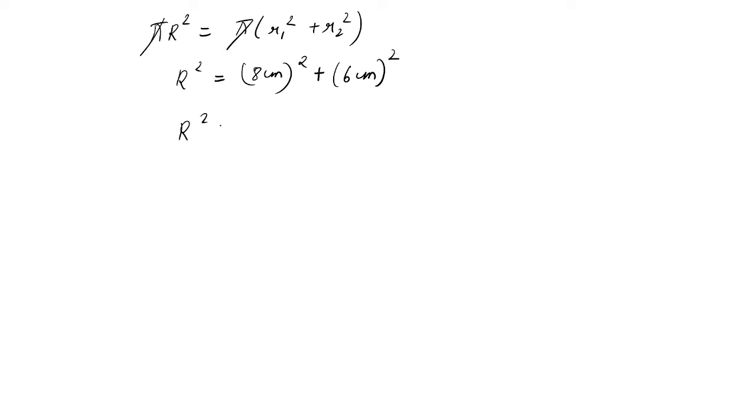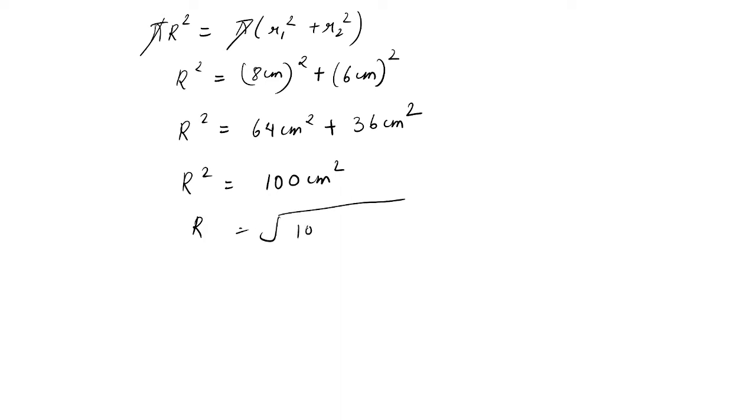So R square can be written as 8 centimeter the whole thing square is 64 centimeter square, and 6 centimeter the whole thing square is 36 centimeter square. So this will give you 100 centimeter square. Now we have to find out R, so you take the square root of 100 centimeter square. Now can I write 100 as 10 square?